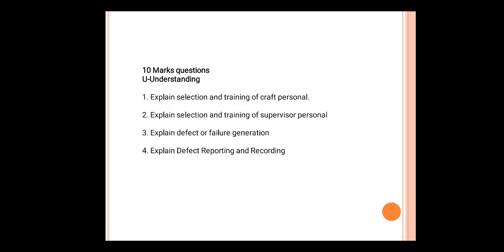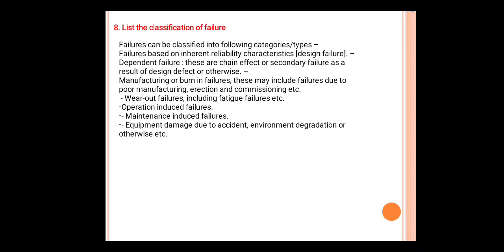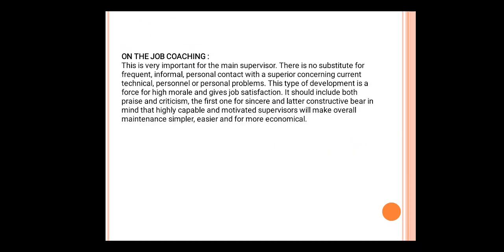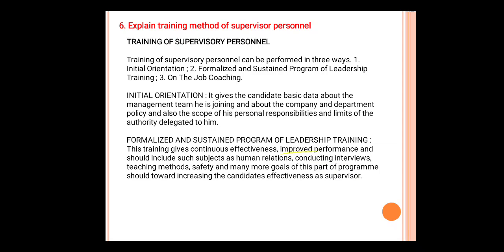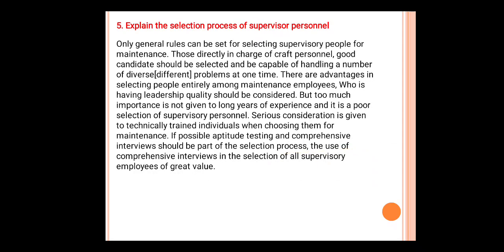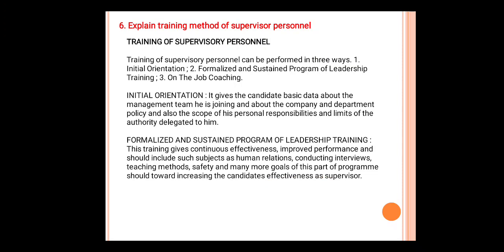And similar to the selection and training of the craft persons, the same kind of slide. In the next slide only I explained about the selection process of the supervisors. Here, all these things you have to read and remember the points, and this slide explains the training of the supervisory persons.